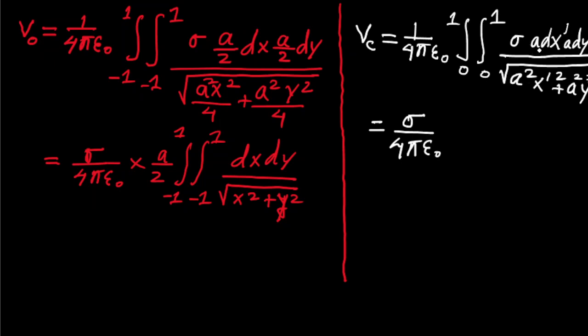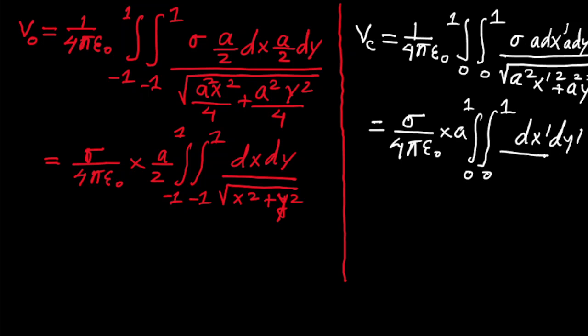The numerator also has an a term, here is a, here is a, so one a will cancel out, and here I will get simply a into the integration limit 0 to 1, 0 to 1, capital dX prime, capital dY prime divided by under root of X prime square plus Y prime square.